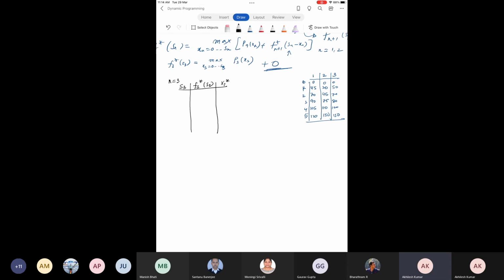What are the possible values for S3, guys? N equals 3 means I'm making allocation for country 3.